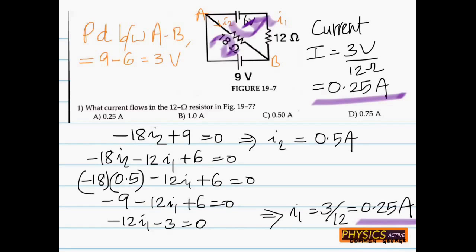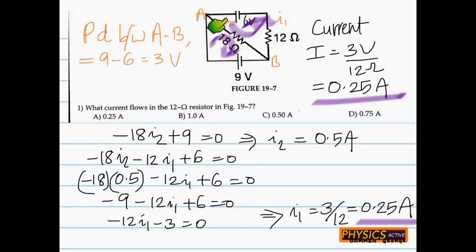Or the second method is to apply Kirchhoff's loop rule in the two loops. In the top loop, I've done it in the bottom loop first. In the bottom loop here, negative 18 I2 plus 9 is 0. That gives I2 0.5.